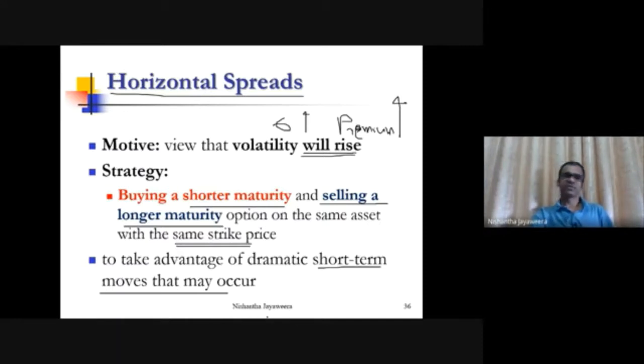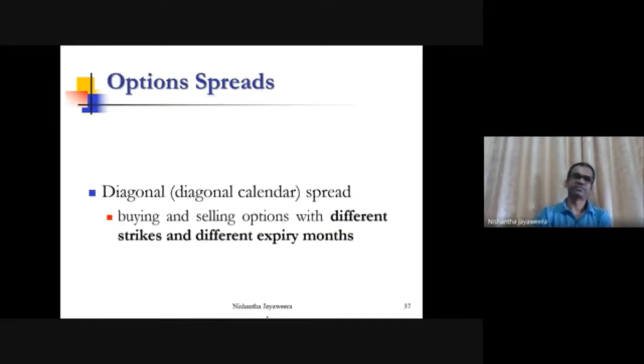You sell a shorter maturity and buy a longer maturity. But if you think volatility will increase, you buy a shorter maturity and sell a longer maturity. In diagonal spreads, we combine both vertical and horizontal spreads.